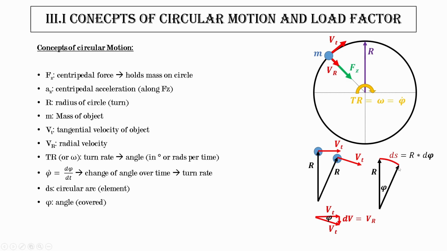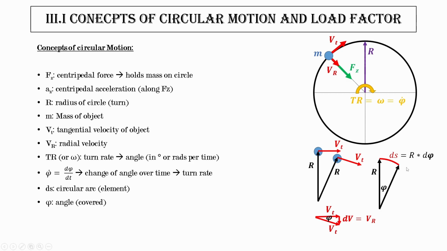Now if we maintain a very, very small distance, this is more or less a straight line between here and here, and technically the relationship would be sine of phi times r, ds is r times sine of phi.